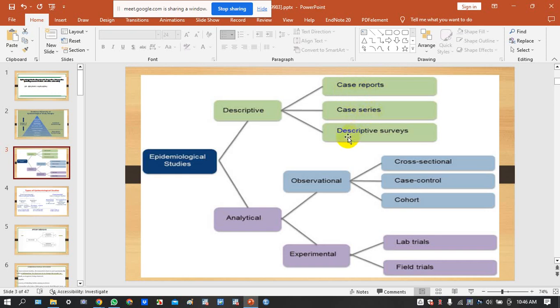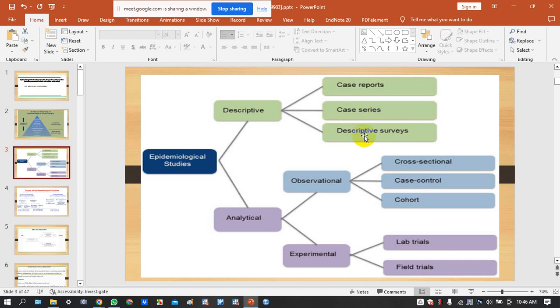For descriptive surveys, we have ecological studies, where maybe we compare the rate of hypertension in Sumrungu compared to Upper East. So if you look at hypertension in Sumrungu, Boga, Zwarungu, Boko, then we look at their percentages and compare them.